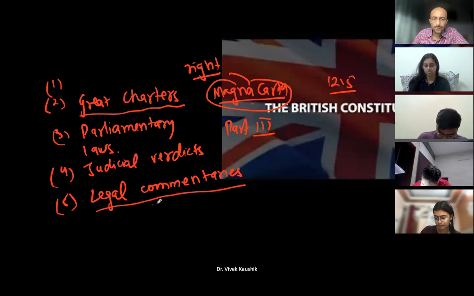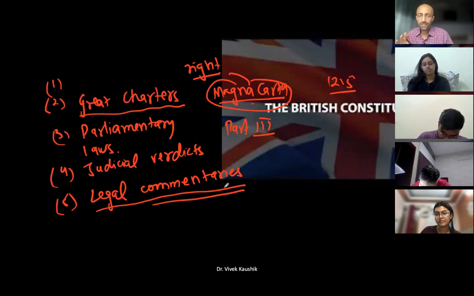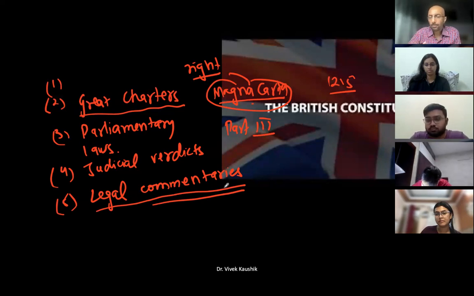Legal commentaries refers to those books or articles which have been written by famous legal experts and constitutional experts in Britain. Like in India, let us say Subhash Kashyap is a well-known expert of the Indian constitution. Same way, Britain has also had some famous people. One of them we have in our syllabus, paper 1, I'm sure you all know, A.V. Dicey.